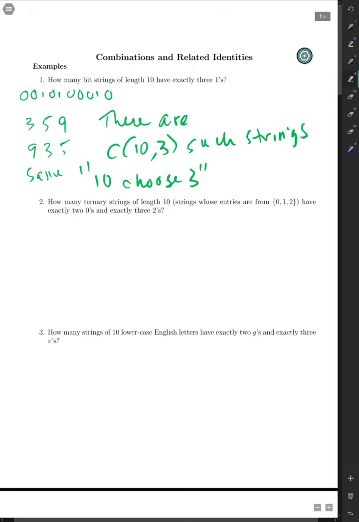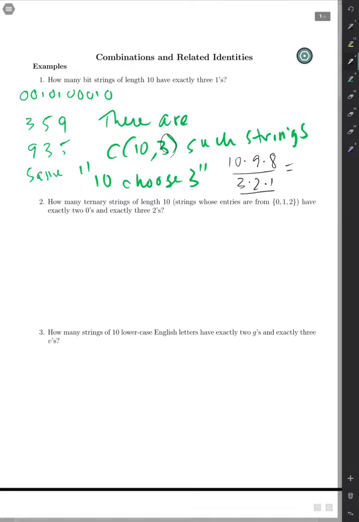You could write that out as 10 times 9 times 8 over 3 times 2 times 1. Just remember that there are 3 things on the bottom, so there'll be 3 on the top starting from 10 down. If we do that, we get a 3 canceling and a 4. That's 12 times 10, so 120.